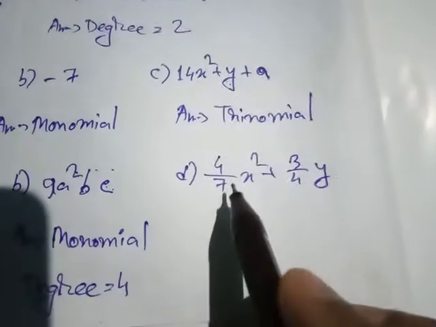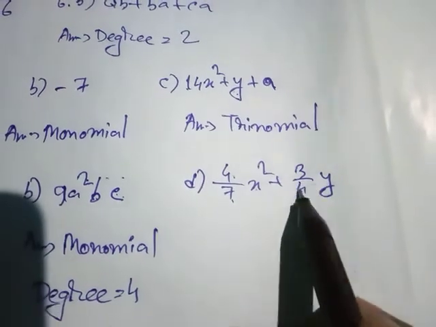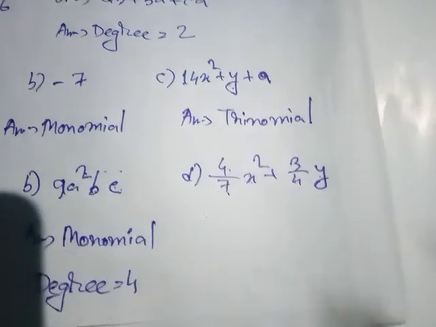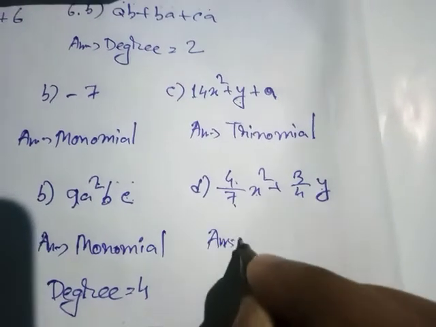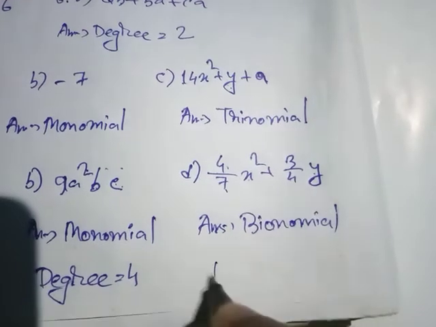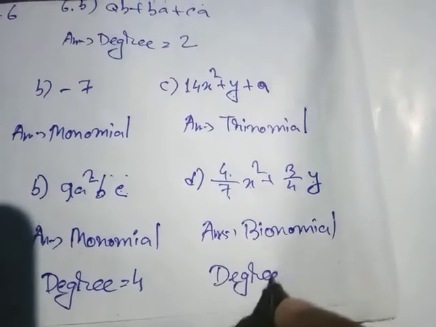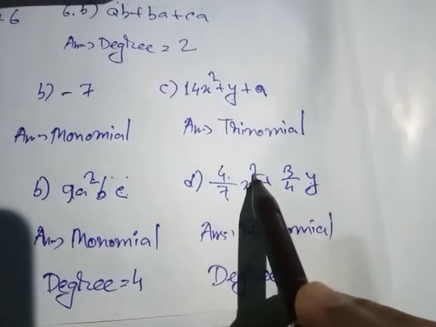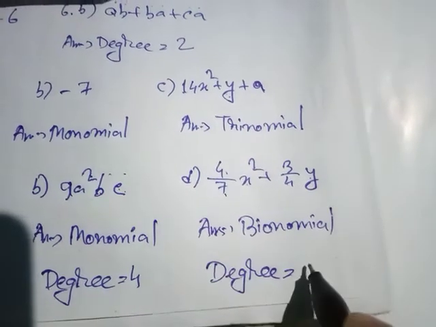Now question number D. 4 by 7 x square plus 3 by 4 y square. So it has only two terms, this is the first term, this is the second term, so it is binomial. Degree means the highest power, so x square, 2, is the highest power, so its degree is 2.